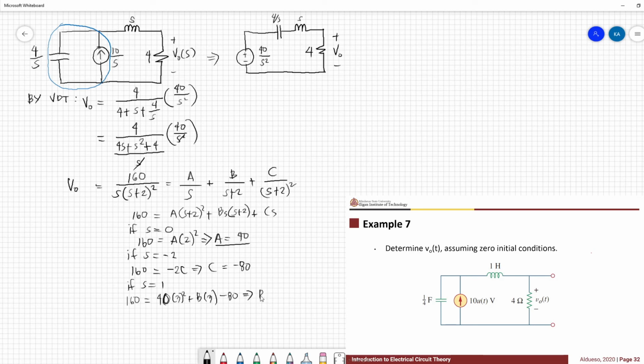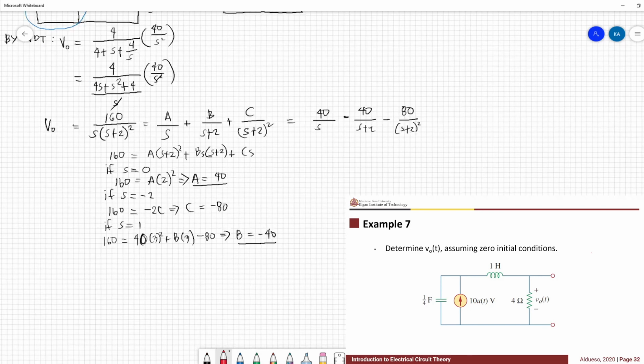Solving for B, we have negative 40. So this becomes 40 over s minus 40 over s plus 2 minus 80 over (s plus 2) squared.